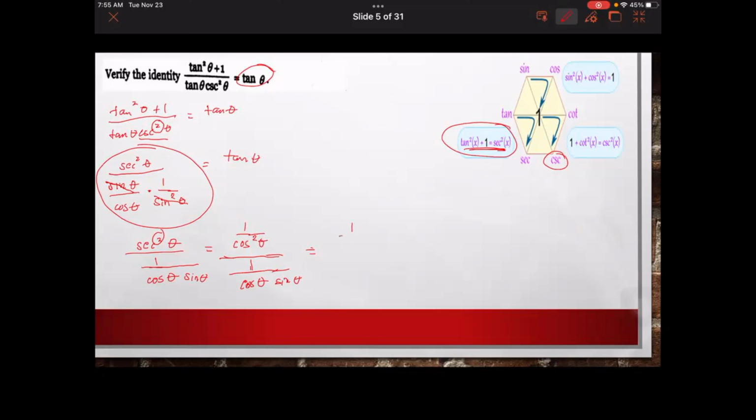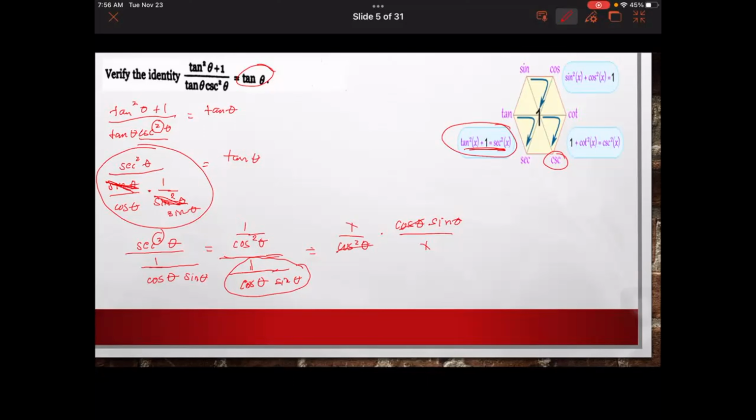So, magkakaroon tayo ng 1 over the cosine squared theta multiply by yung reciprocal nito. Now saan galing yung sine? Ito, kinancel natin dito kanina. Dalawa nga pala to, so may natira pang isa. So, kaya nagkaroon ka dyan ng cosine theta and the sine theta. So, multiply natin siya ng cosine theta, sine theta, over 1. Cancel tong 1. Cancel tong cosine.